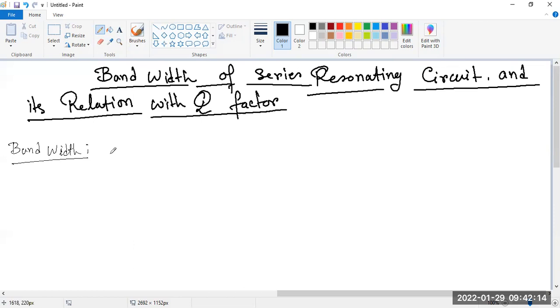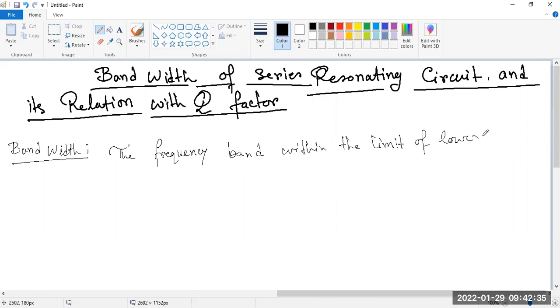The frequency band within the limit of the lower and upper half power frequency is called the bandwidth.